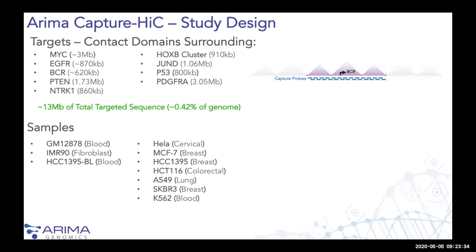We did this in 3 different normal cell lines and 7 different cancer cell lines of different tissue origins. All this data that I'm going to talk about is openly available if you want to have a look at it.